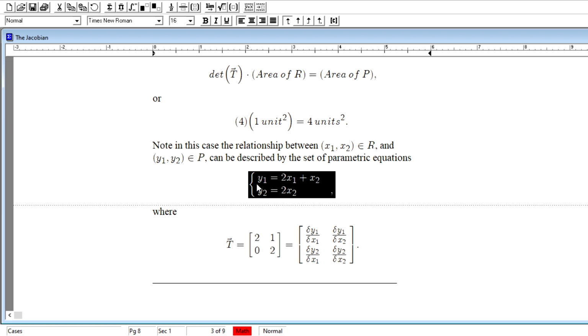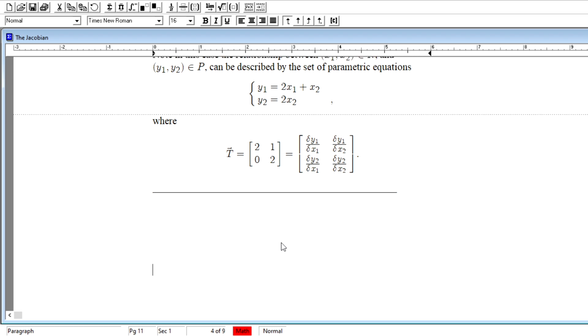If y1 and y2 are related to x1 and x2 between these two regions of space using this parametric relationship, then the linear transformation matrix, given by T bar, would be made up of just these first partials, which would be true.